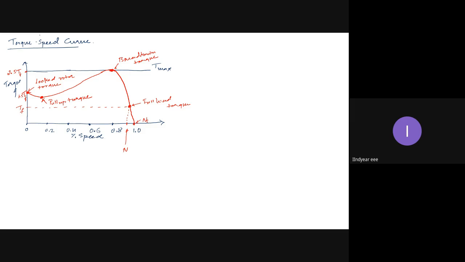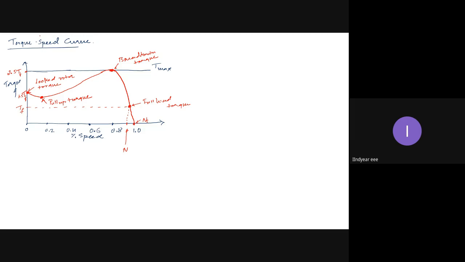Why is this so? Because if the motor tries to run at very low speeds, then the load connected on the motor shaft will malfunction. And in certain critical loads, we don't expect that the loads should operate undesirably.